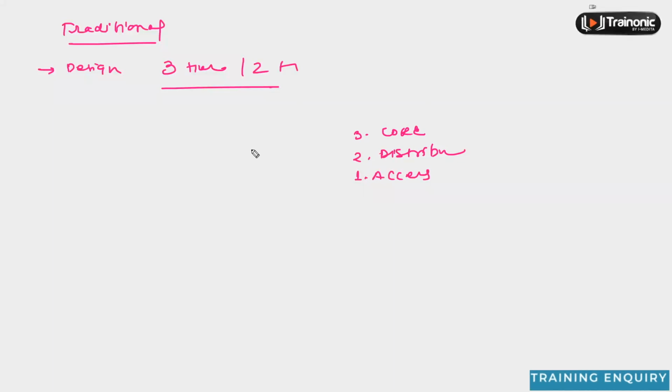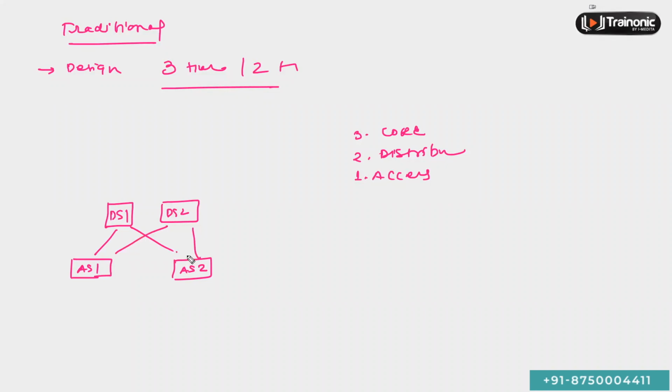Now, we used to have devices like one switch, let's call it access layer switch 1. We have one more switch, access layer switch 2. We have a few switches here, distribution layer switch 1 and distribution layer switch 2, and we used to connect them this way: access layer switch 1 is connected with distribution layer switch 1 and 2.